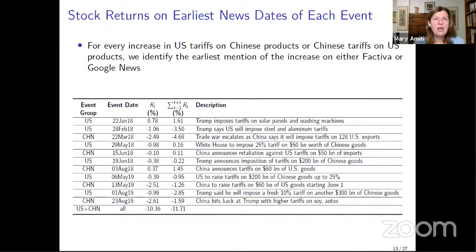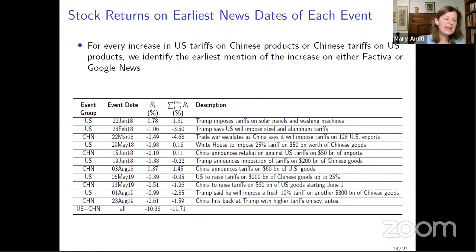But it might be that it appeared on Reuters or Bloomberg or the Wall Street Journal, so we went back looking using Factiva and Google News, and we had two independent researchers, our research assistant and a librarian at the Fed, going through to find the first date that they announced, because that's when the news hit.